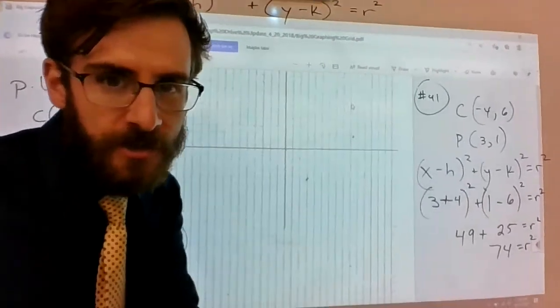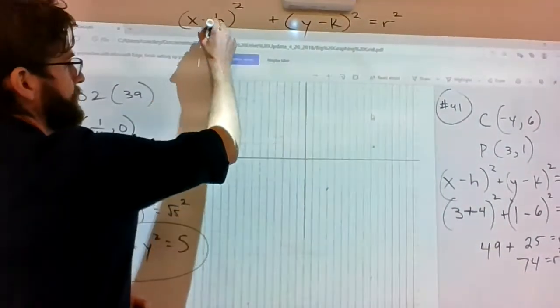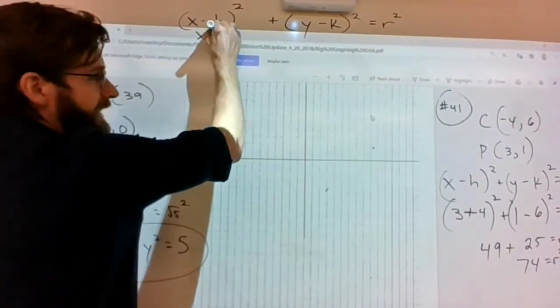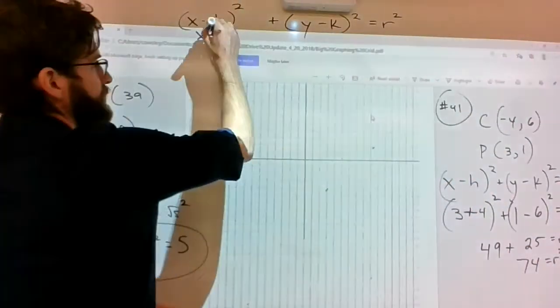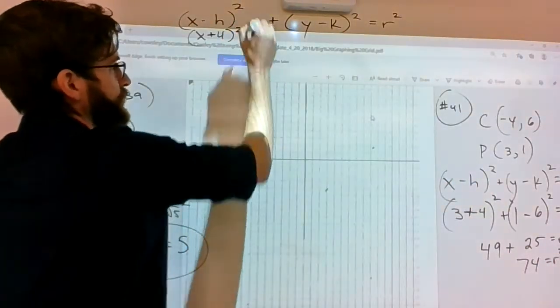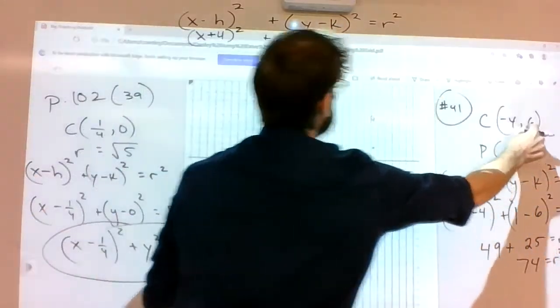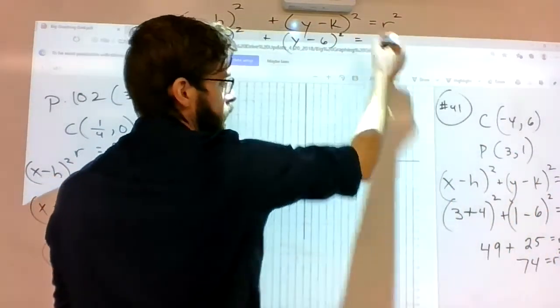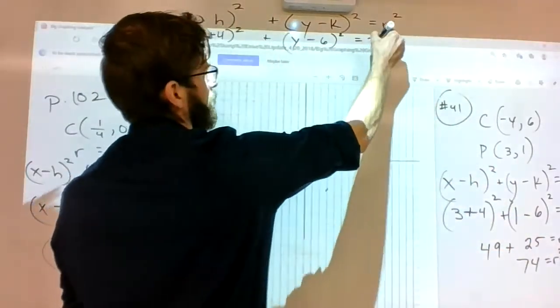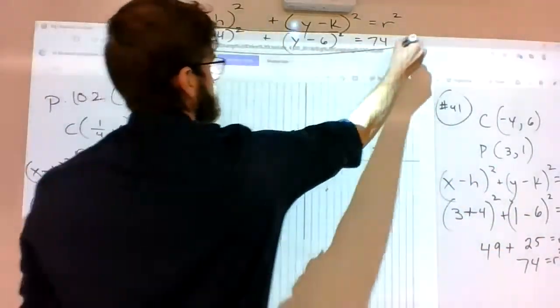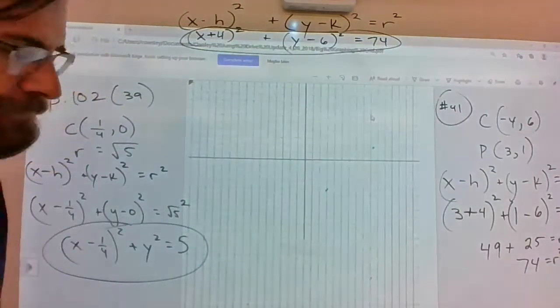So maybe I can just use this one above. It's going to be x minus -4, so x plus 4 squared, plus y minus 6, because it's a vertical shift to 6 up, and then it equals 74. So there's your 41.